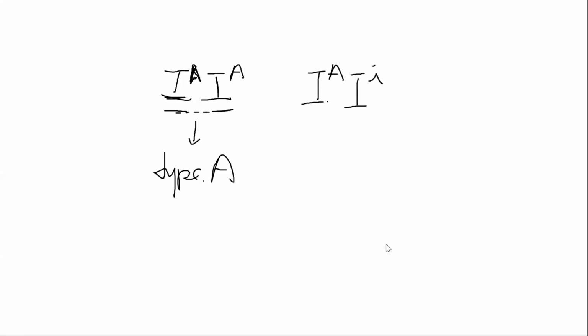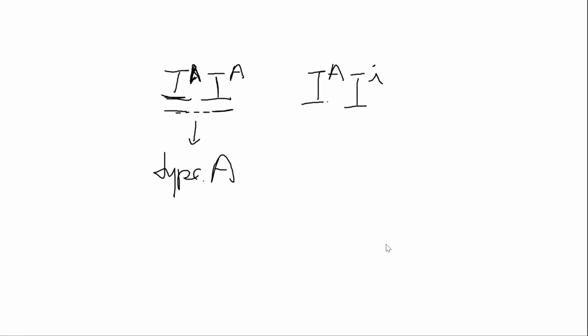That means the blood type for this person is type A blood because the A gene is dominant gene. Okay, so on this trait, if you have a dominant A, but on this one you don't have an A, this little i is recessive.